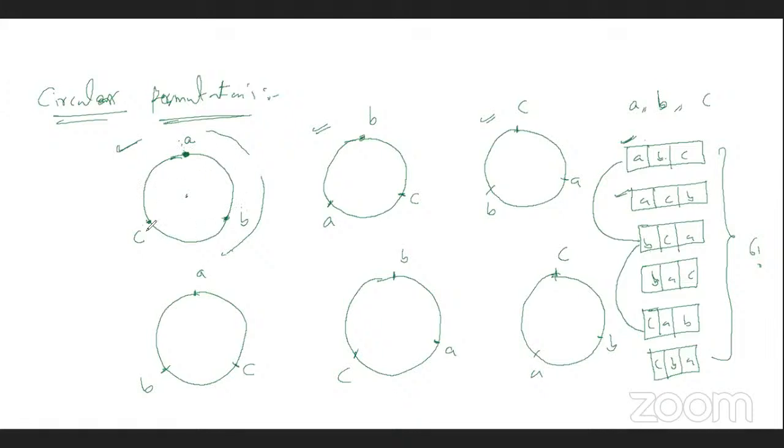A comes here and B comes here, then C comes here. So observe this: A, B, C. Here A, B, C. Here A, B, C. So these three arrangements are clearly equal, similar, same. And these three arrangements we should treat as the same circular arrangement. Is it right? Yes sir.